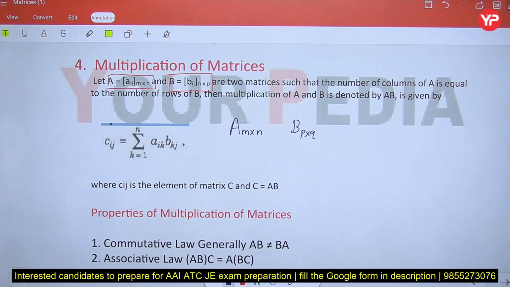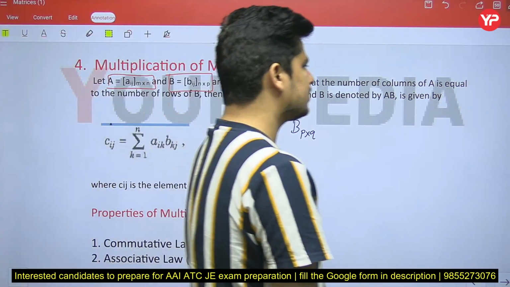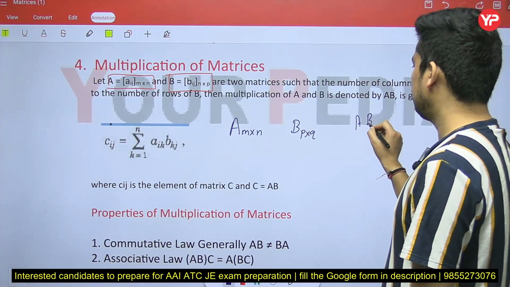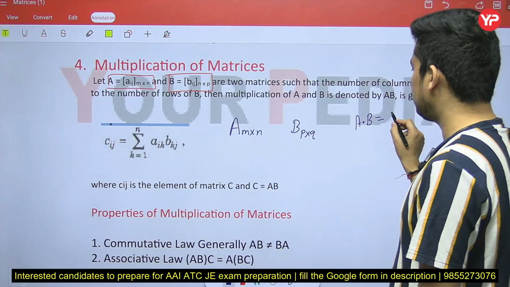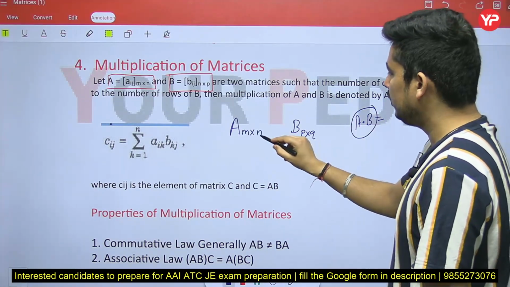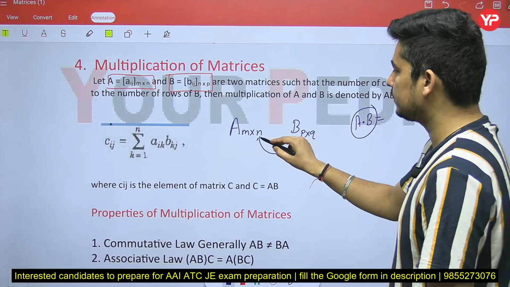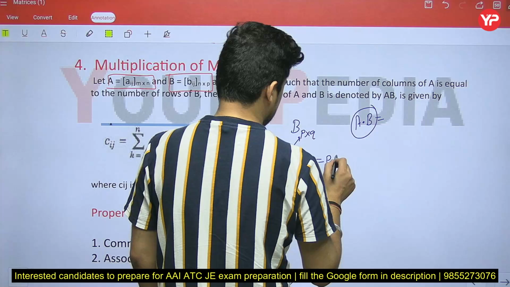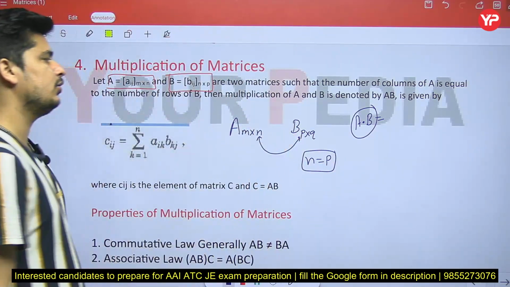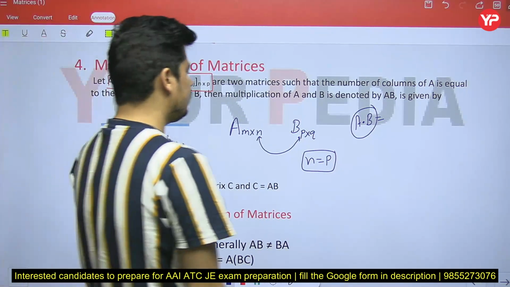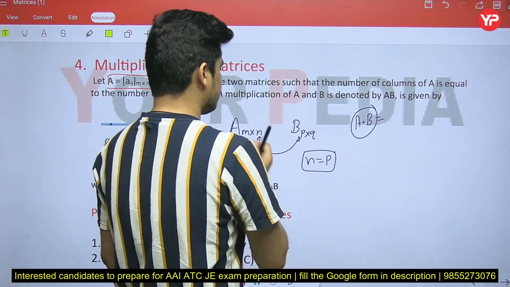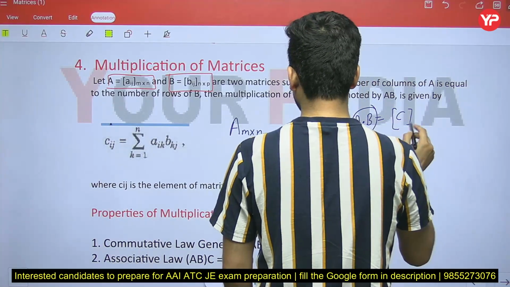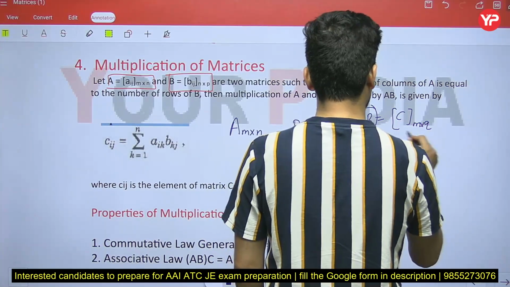To perform A into B, this N should be equal to this P. The first thing, N should be equal to P. So N is always equal to P to perform A into B, and the resultant matrix C which we will get is M cross Q.